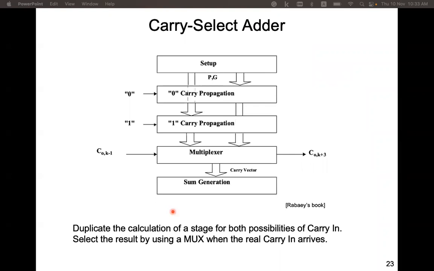Next, we're going to learn a second type of fast adder called the carry select adder.